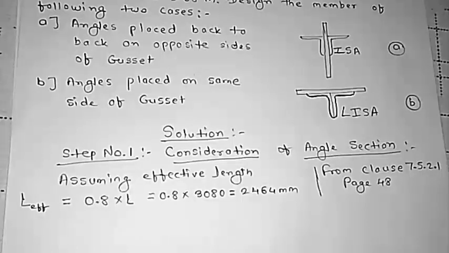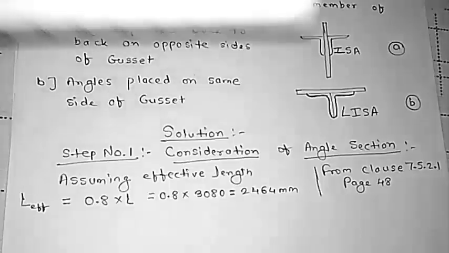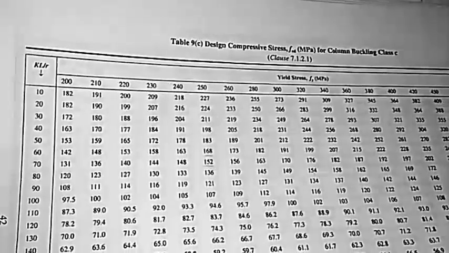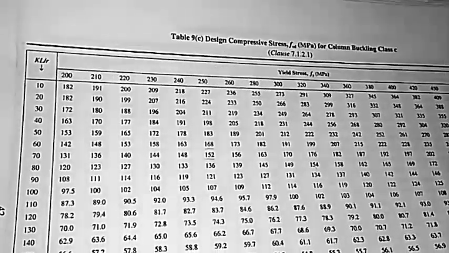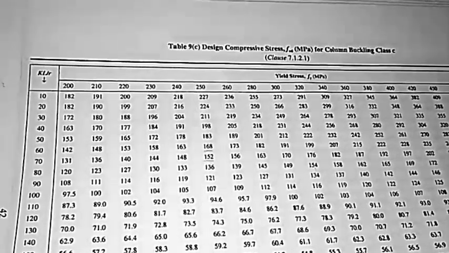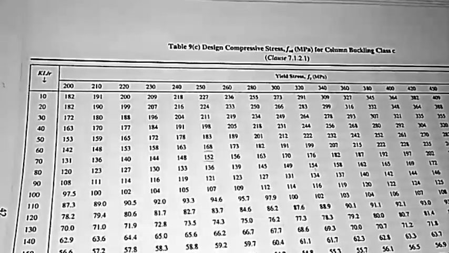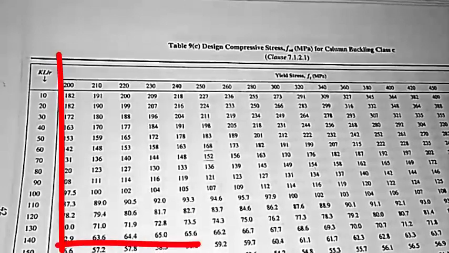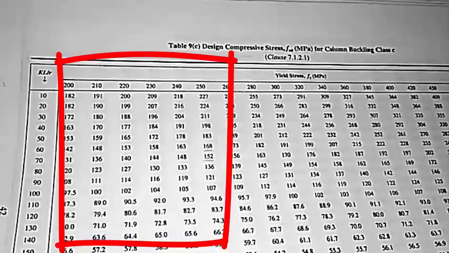From page number 42, we can assume a design stress. This is the page where we have the table of design compressive stress for the column buckling class. According to the KL by r ratio, we can assume the design stress.